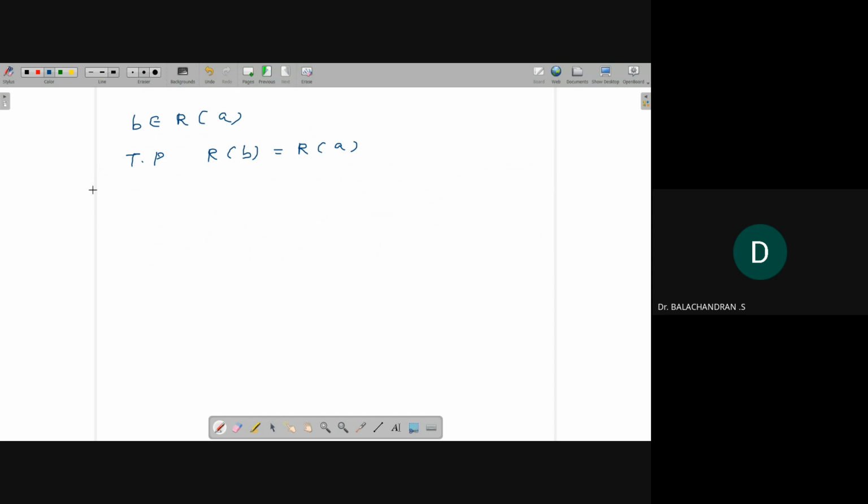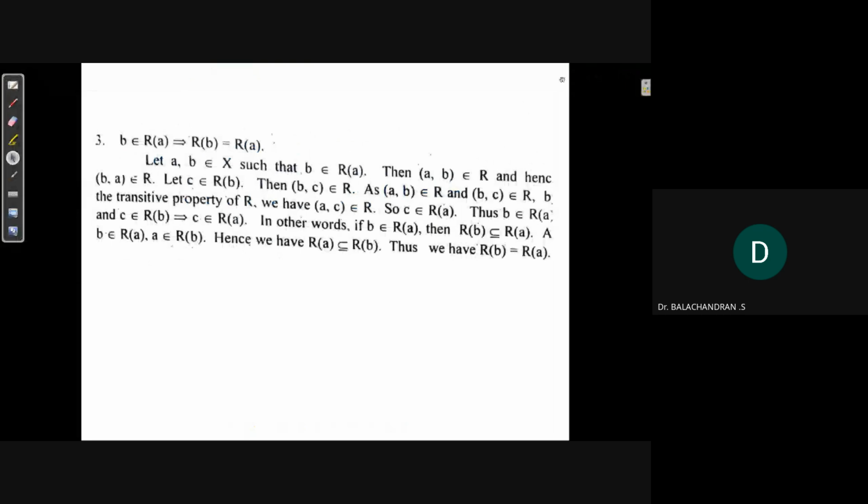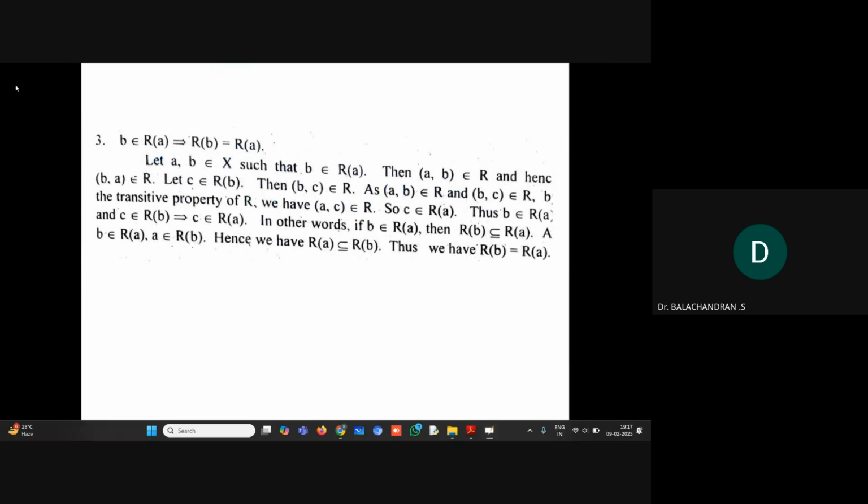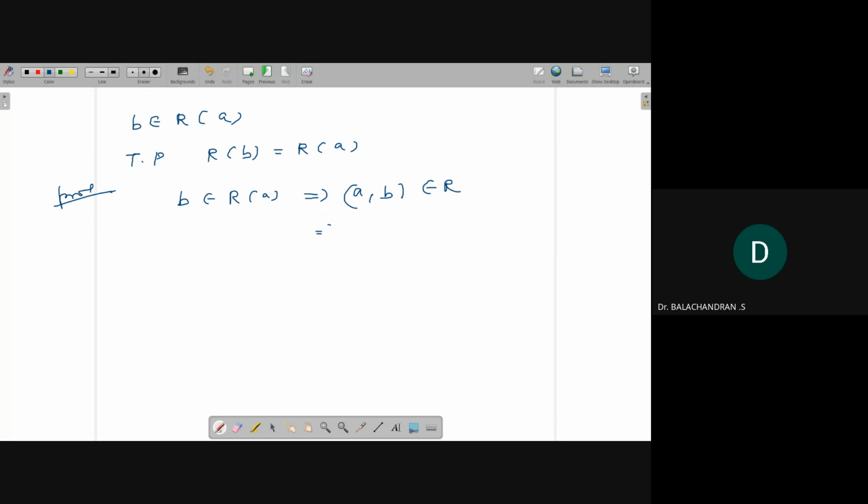So now the proof. Here B belongs to R of A implies A comma B in R. This is the first step. A comma B in R, then B comma A is also in R because of symmetry.